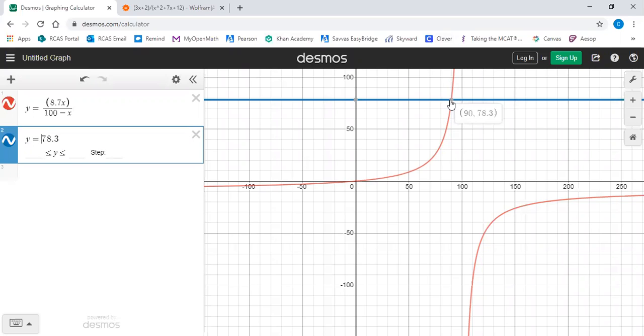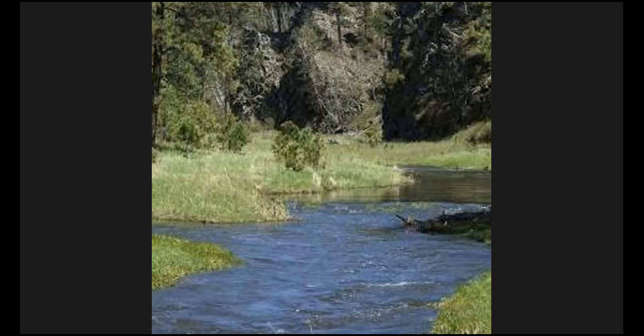And I could just come up here and actually find that it would be 90. So what did the X represent, the percent? So 90%. So we could remove 90% of it for 78.3 million. You could try using some other calculations in that problem and do it algebraically, but I would just do that for this point.